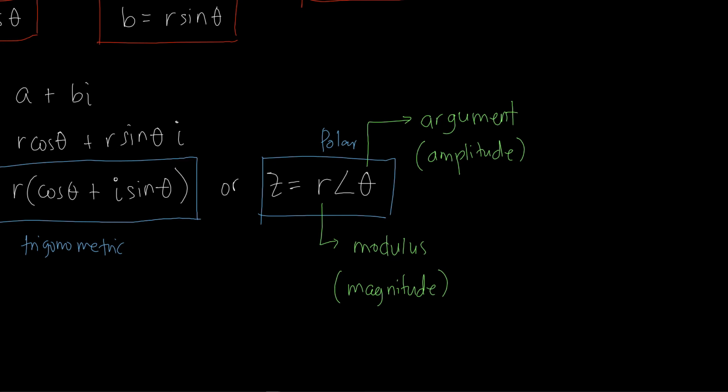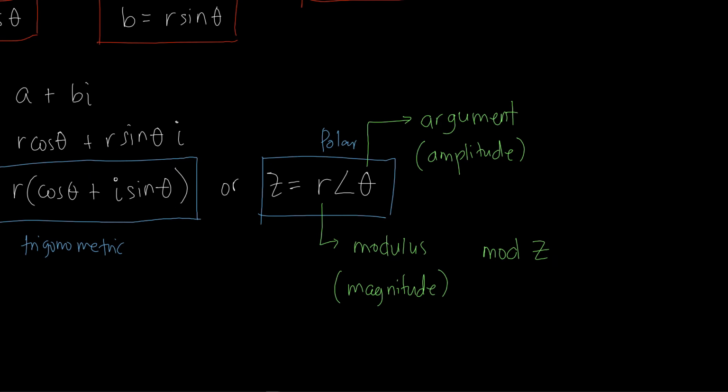If you want to get the modulus, the mathematical symbol is mod. So when you see mod Z, it means the modulus of your complex number, which is R.